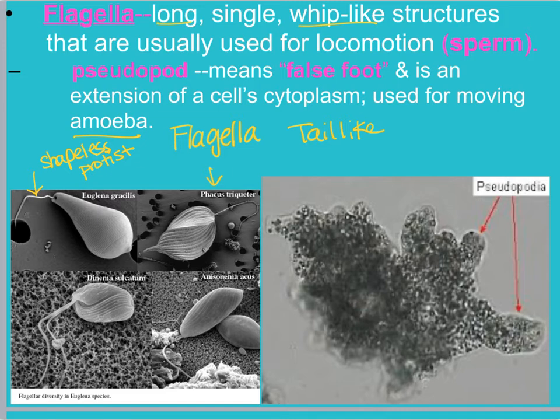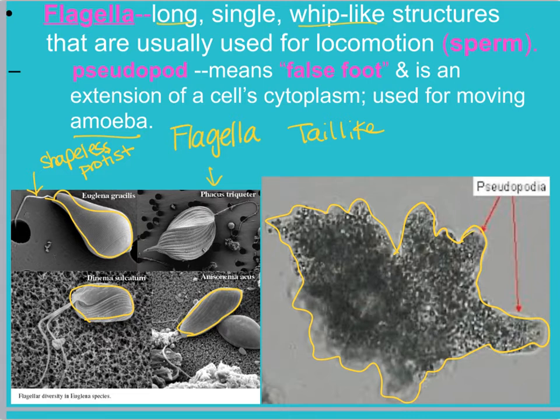So if you look, these cells on this side, they all have kind of a distinctive shape. But the amoeba, they don't have a distinctive shape. They're kind of all over the place with their shape, and every one is going to be shaped a little bit differently.